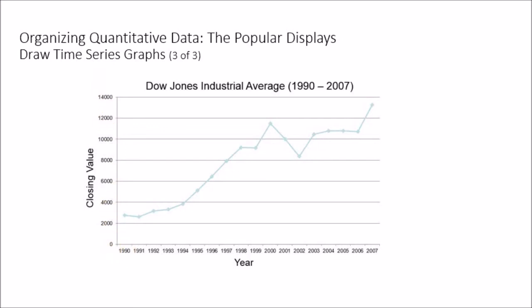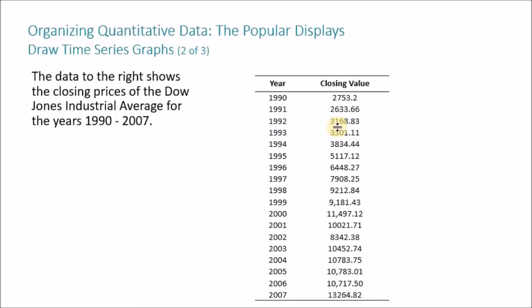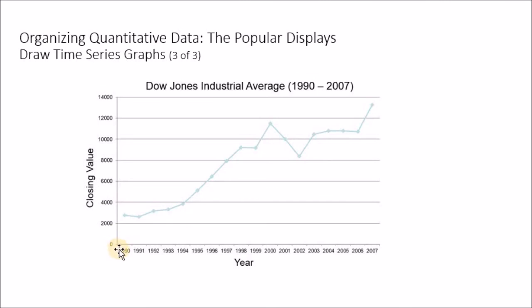The first value from the chart is 2,753.2. So in the year 1990, it was that value that we plotted, and we plot all of those values. The last step is to connect those dots with a line to create the time series graph.